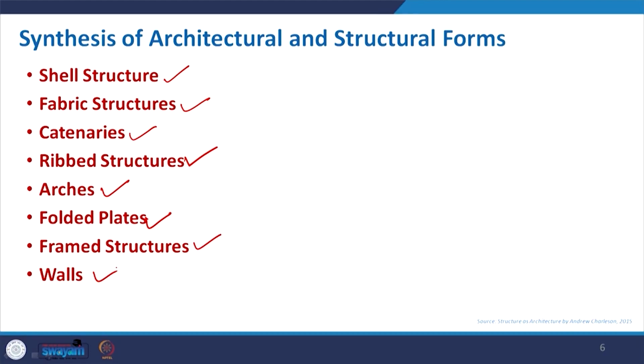This list can be further extended, and we will also do that, and discuss some other kinds of structures like pneumatic structures and other forms of shape and structural elements we use in architecture.